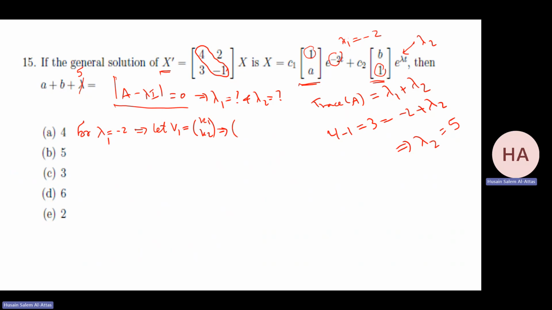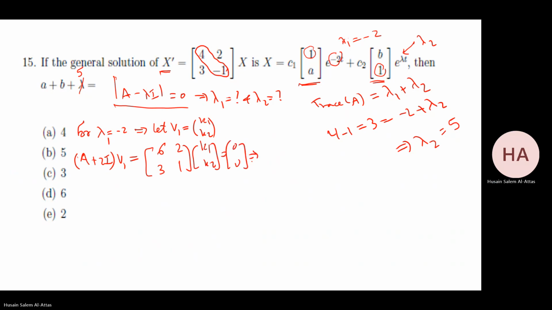So I have A plus 2I times V1, which is [6, 2; 3, -1 + 2 = 1] times [K1, K2] equals [0, 0]. So that implies 6K1 plus 2K2 equals 0, and 3K1 plus K2 equals 0. So I have K2 is minus 3K1.